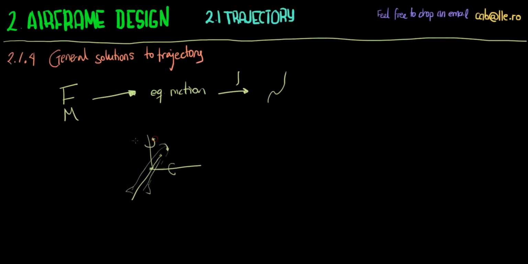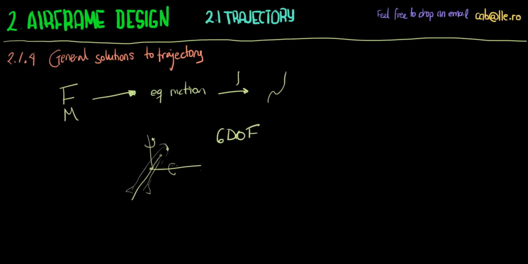So if we solve all 6 equations, if we let the rocket move in these 6 degrees of freedom, we will have a 6 degrees of freedom simulator.